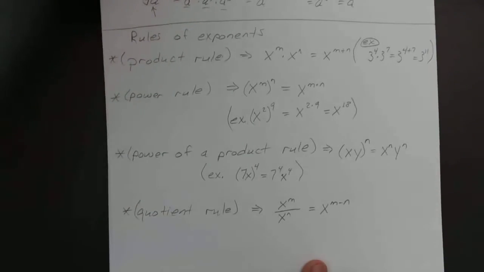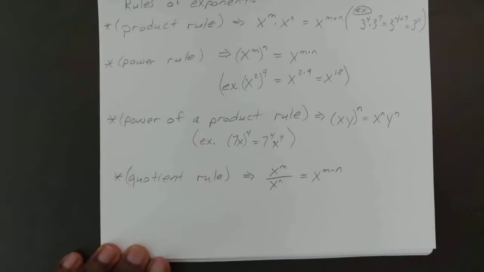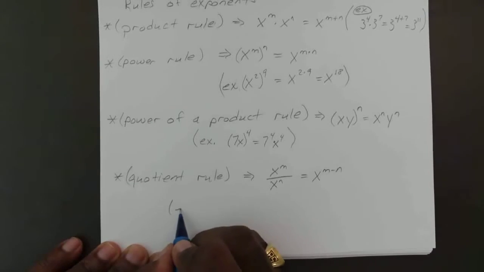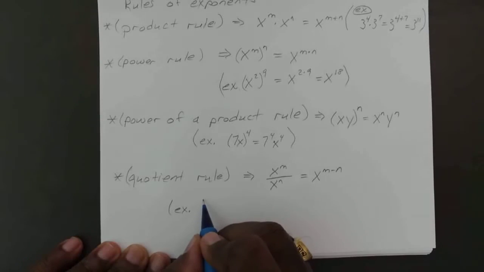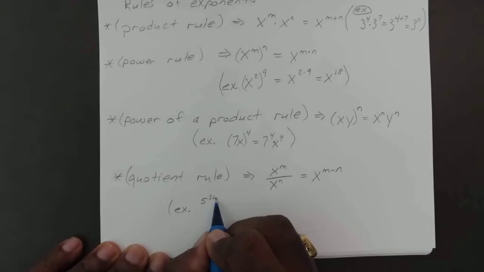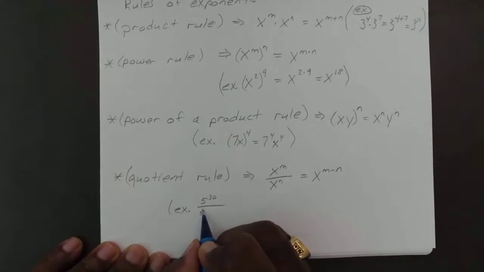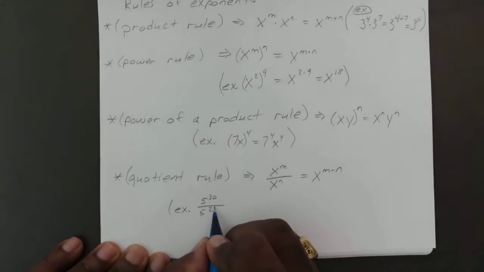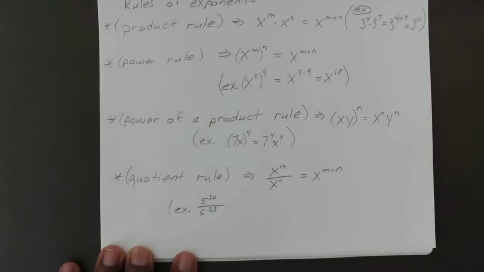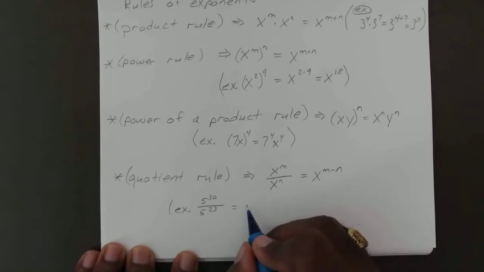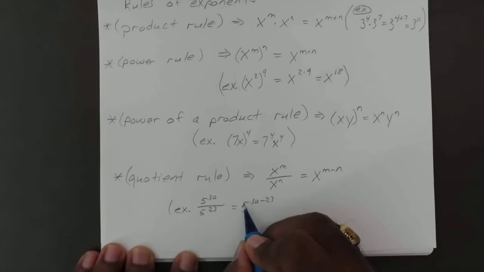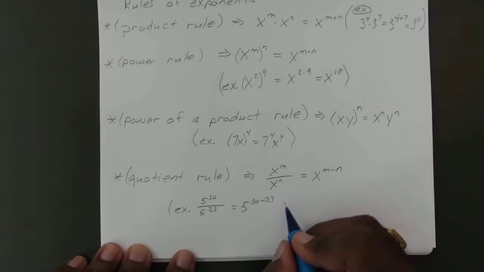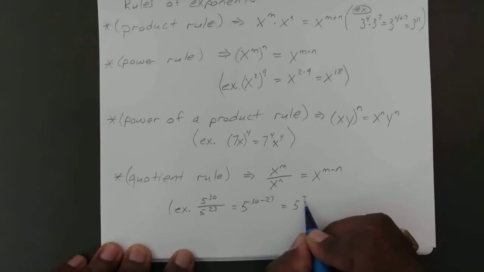All right, so for example, say if you have 5 to the 30th power divided by 5 to the 23rd power. And that's just going to equal 5 to the 30th minus 23rd, which is 5 to the 7th power.